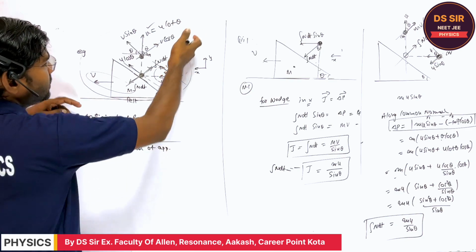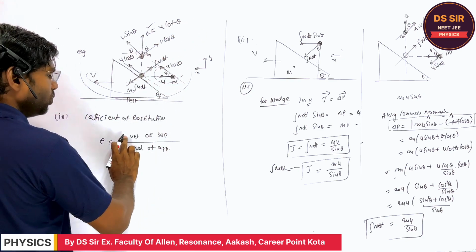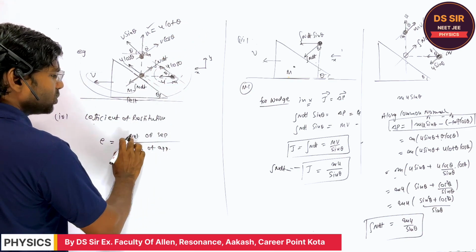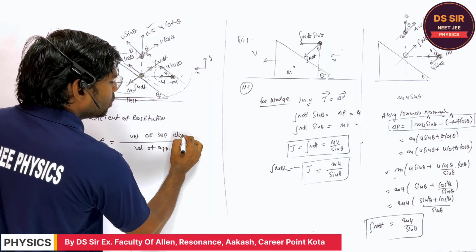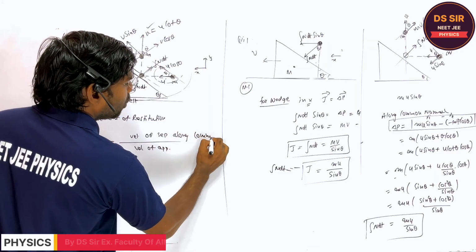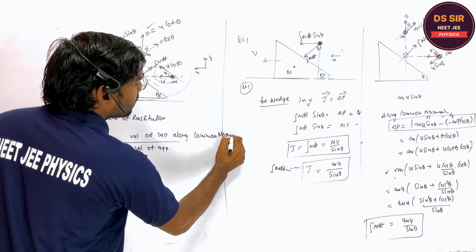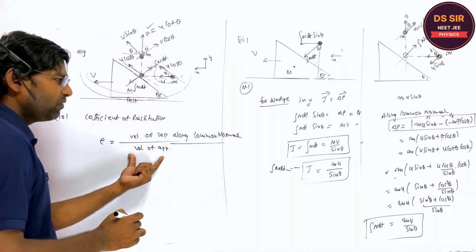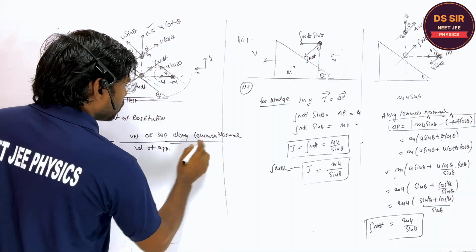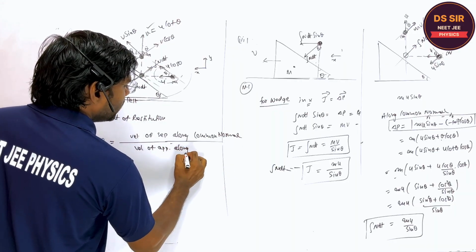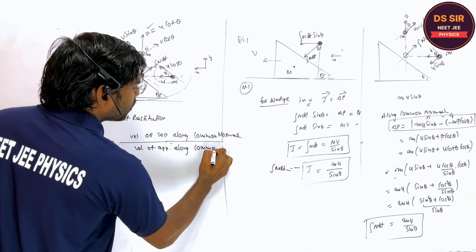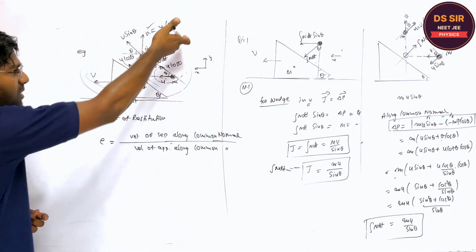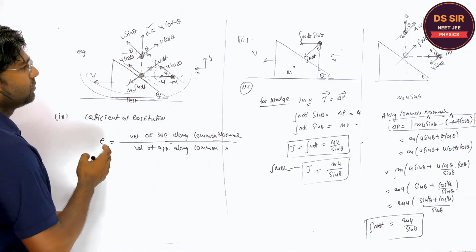But when there is an oblique collision, you have to write the velocity of separation along the common normal, and the velocity of approach along the common normal. Why is it along the common normal? Because the impulse is imparted along the common normal only.